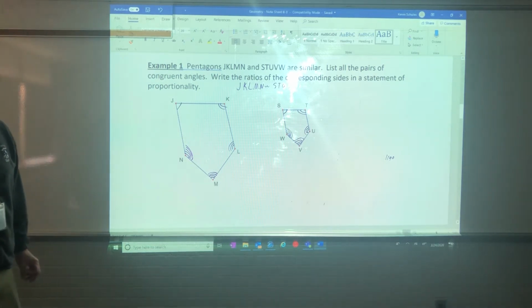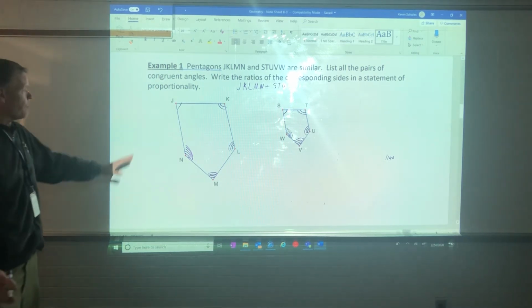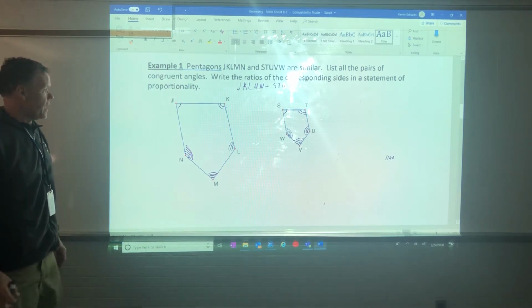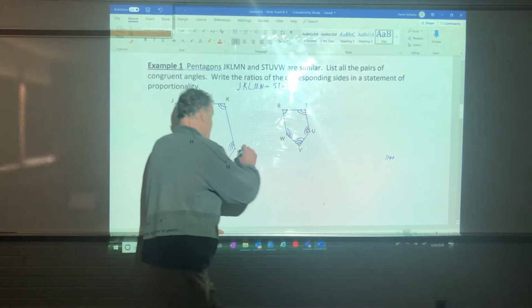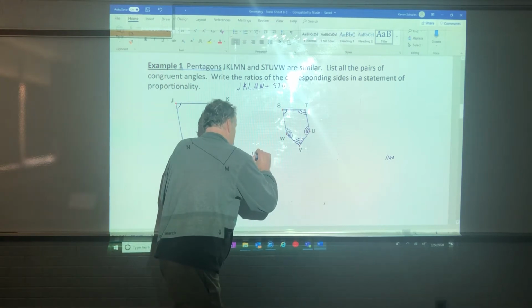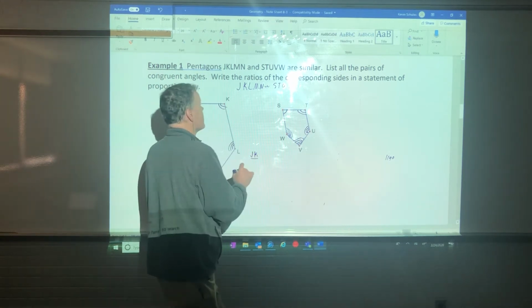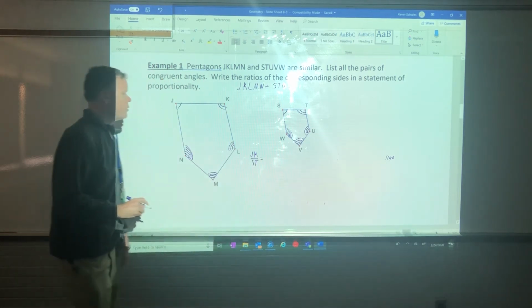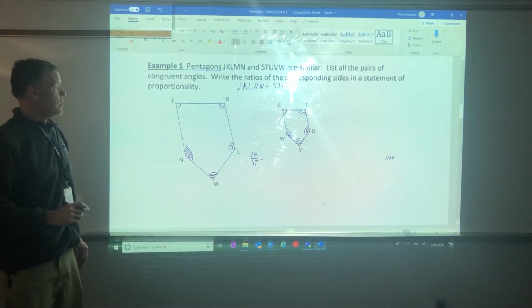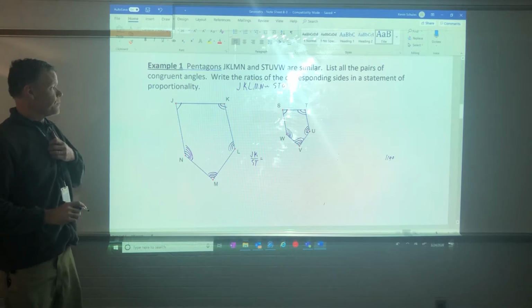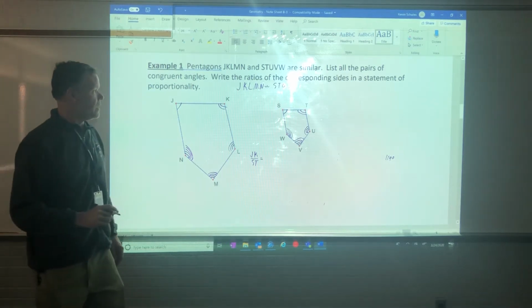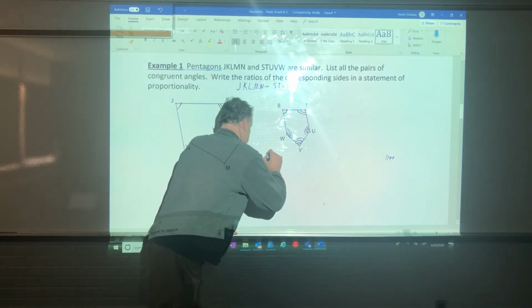And again, we know that if we want to line up proportions, or line up different ratios, probably a better way to say that, JK over ST is going to equal KL over TU.